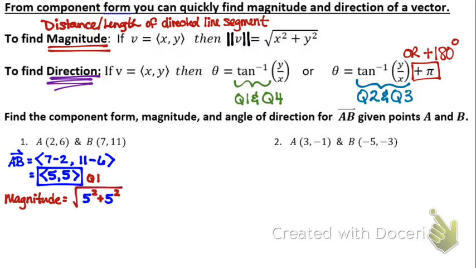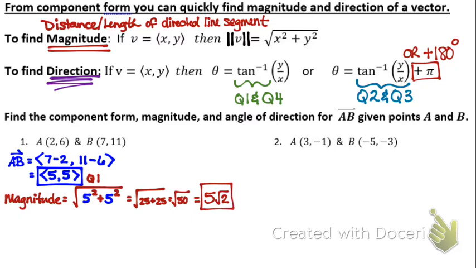And then I still have to square root it at the end. 5 squared plus 5 squared would be what? 50, because I'd have 25 plus 25. Is square root of 50 fully simplified? How would I write that in simplified radical form? 5 square root of 2. So that's how I would describe the magnitude.